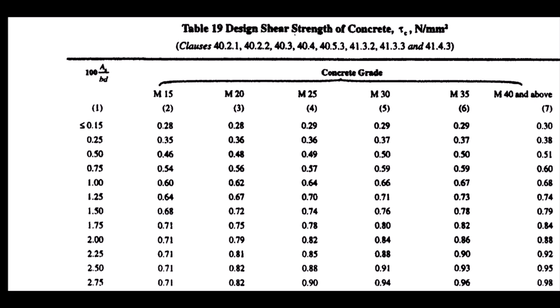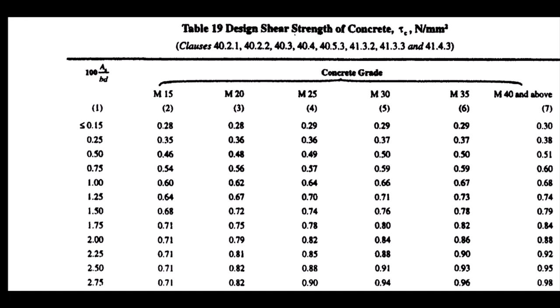Our grade of concrete is M20, so for 0.25 the design shear strength is 0.36 Newton per millimeter square, and for 0.50 percentage the value of tau C is 0.48. So for 0.33 percent steel and grade M20, tau C will definitely lie between these two values, 0.36 and 0.48. We have to find it with the interpolation method.